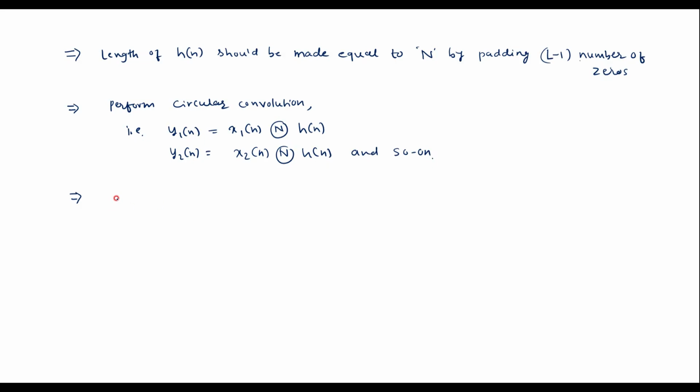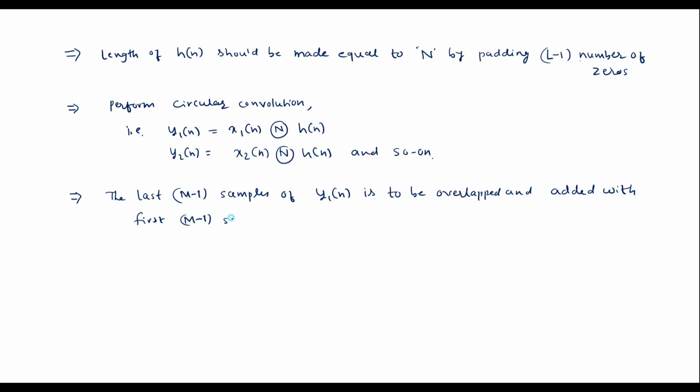So in next step, we are supposed to consider the last m minus 1 samples of y1 of n to be overlapped and added with first m minus 1 samples of y2 of n.